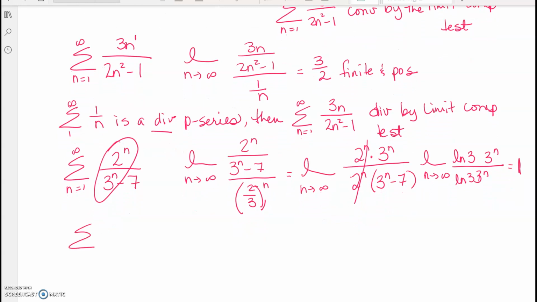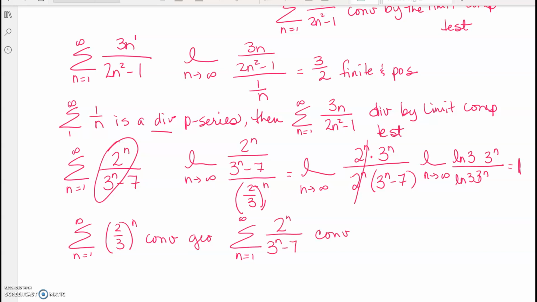So because 2/3 to the n is a convergent geometric series, then your series n equals 1 to infinity of 2 to the n over 3 to the n minus 7 converges by the limit comparison test.